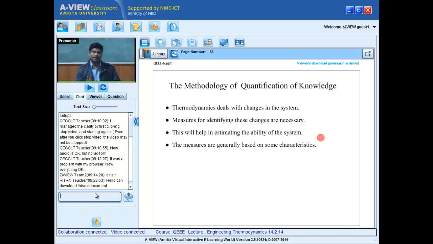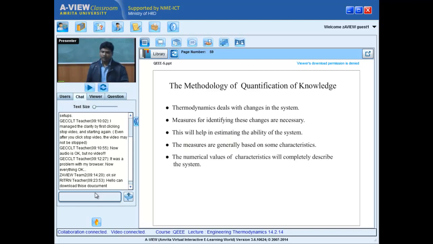Obviously, without any confusion, can I say this description is better than this, by giving a number? So the numerical values of characteristics, as Lord Kelvin says, if you express in numbers, then only can you claim that you are an expert.